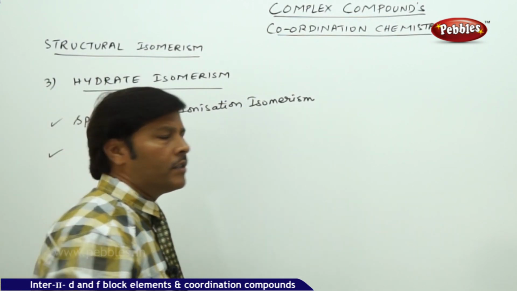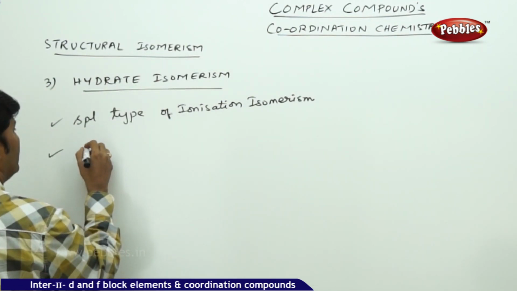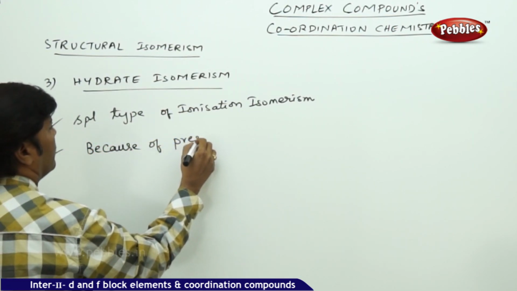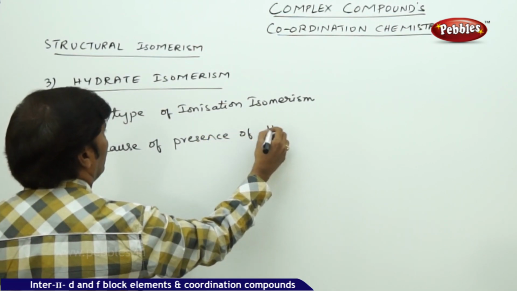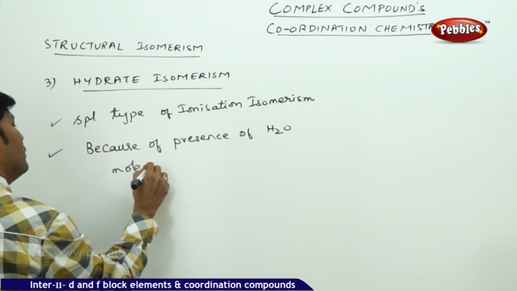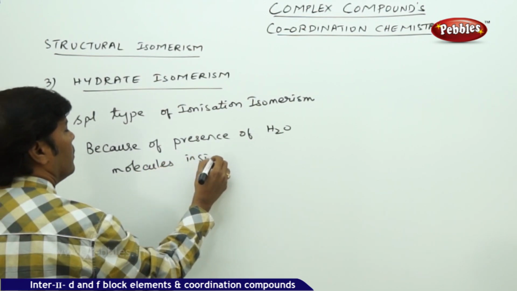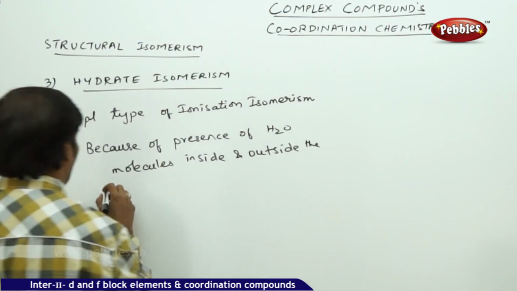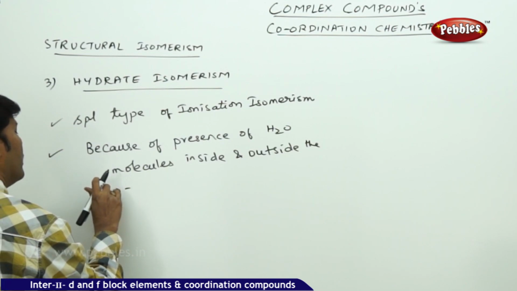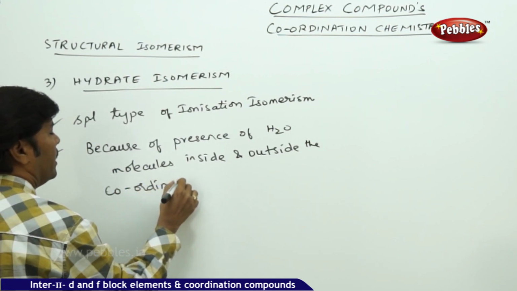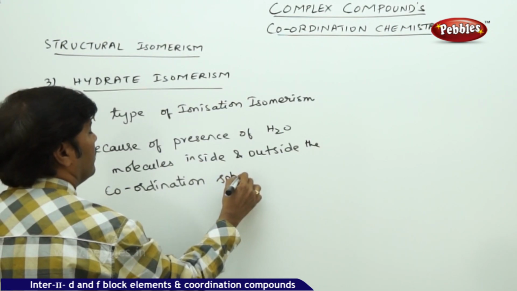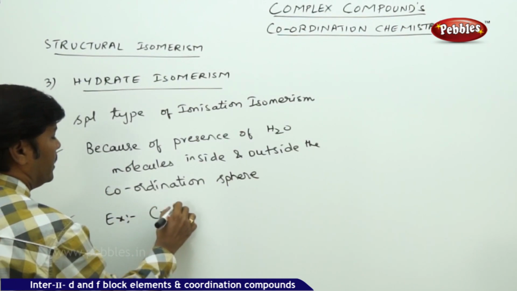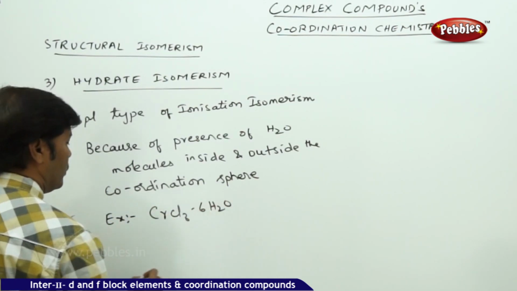This hydrate isomerism arises because of the presence of H2O molecules inside and outside the coordination sphere. Suppose for example, if I am taking chromium of Cl3 with 6 molecules of H2O, then we can convert this into Werner structures.